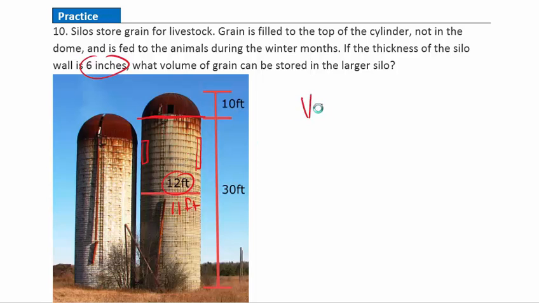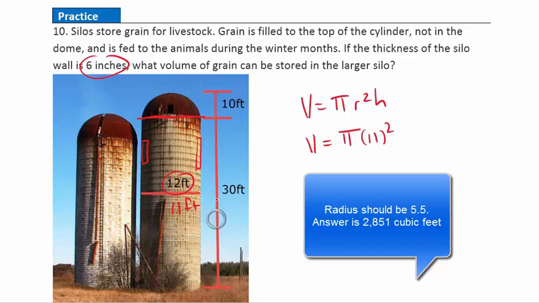So the volume of a cylinder is pi r squared h. And now I just want to plug that in. So I'm going to have pi, my radius now is 11, and my height, just the cylinder, is going to be 30 feet. So times 30.